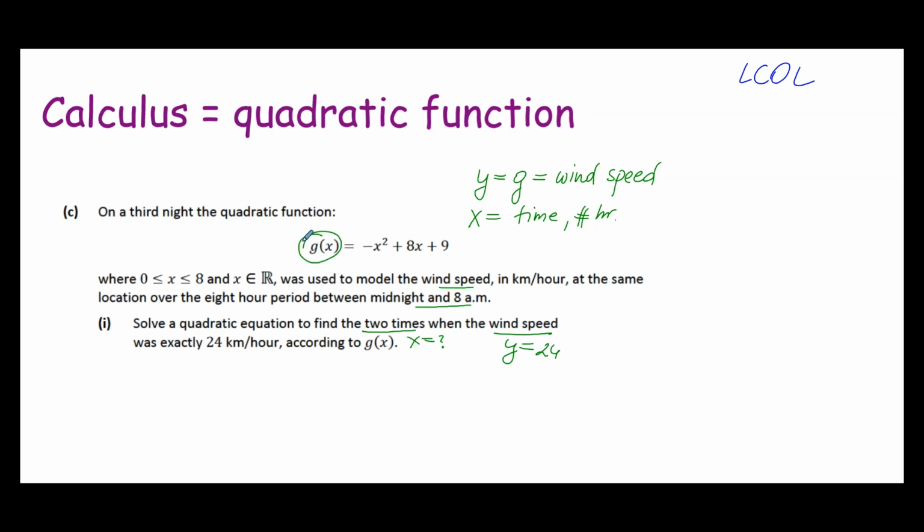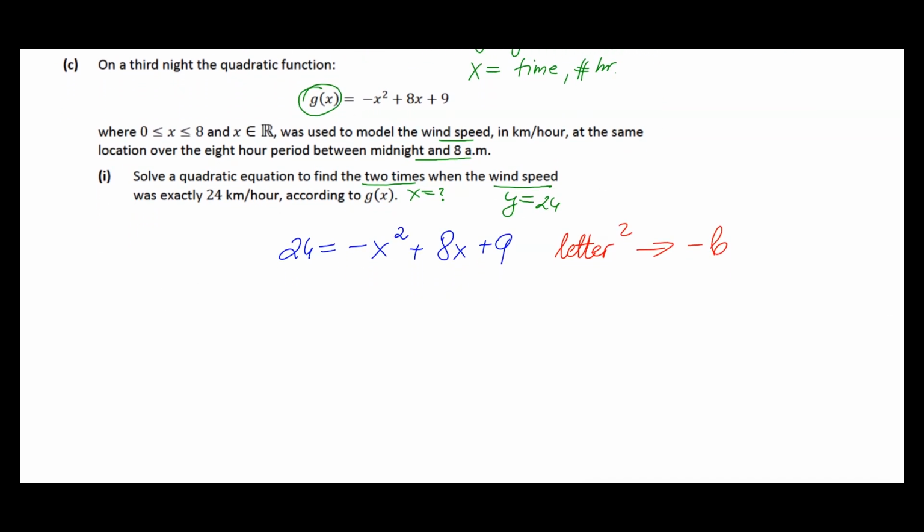We replace our y with 24 and then the rest of the function. So how do we solve that? We know at this stage that once you have a letter to the power of 2 in any of your calculation, what do you think about? Minus b formula. But in order to use the minus b formula, one side of your equation has to be 0.